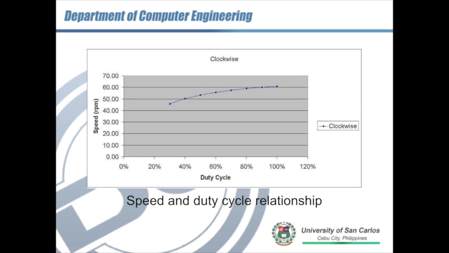Here's the graph representing the speed and the duty cycle. As you can see, we have a linear correlation between the duty cycle and the speed of the motor. Now we know that we can control the speed of the motor by varying the voltage supply of the motor.